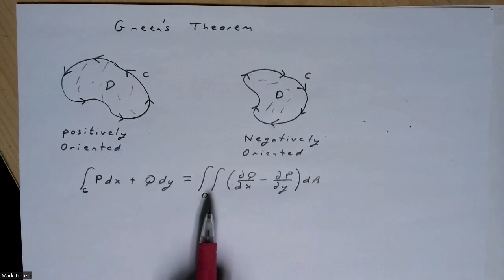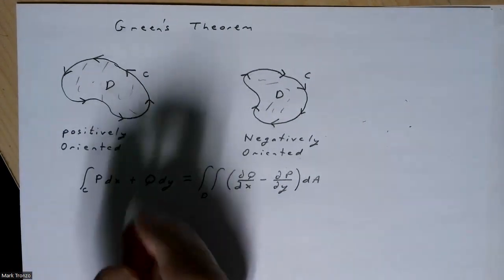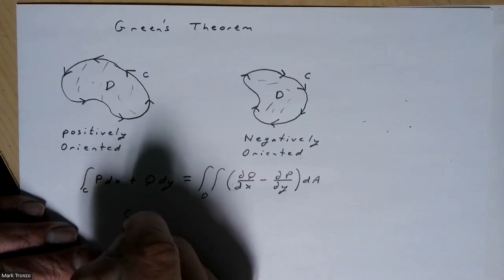A couple of things are important. As I said, C must be a closed simple curve.